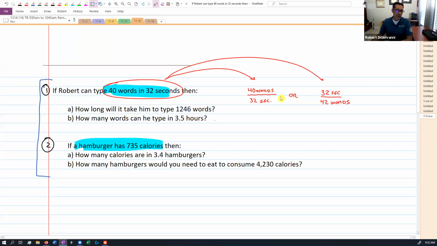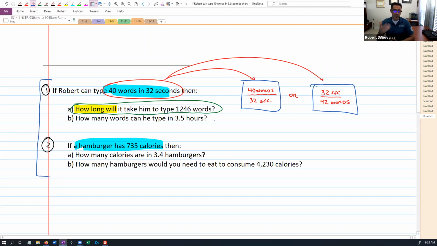And then if you're trying to solve for something like the first question here, part A, if it says how long will it take for him to type 1,246 words, you look at what you're trying to solve for. So in this case, we're looking for how long, right? So that's time. And so once you've determined what you're trying to solve for, that will dictate which of these two you're going to use.